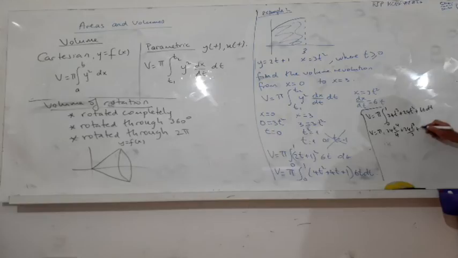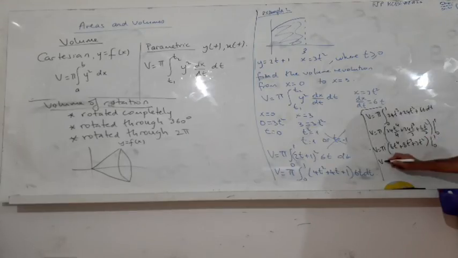A simpler form of this is 6t to the power of 4 plus 8t cubed plus 3t squared, and I'm going to substitute 1 there. It is going to be pi times 6 plus 8 plus 3, which is 17, and when we substitute 0, it is 0, so volume is 17 pi.